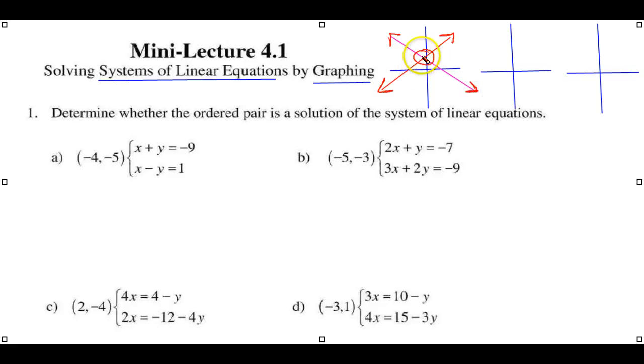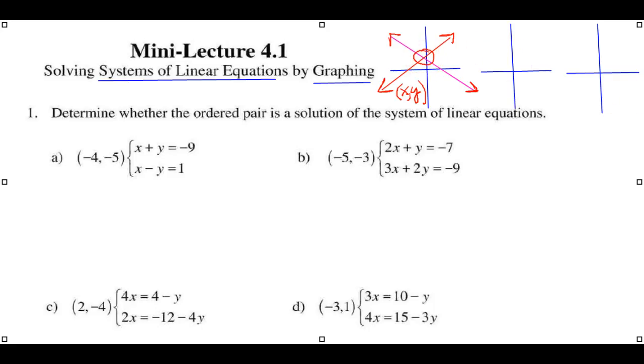But at this point of intersection, there's going to be a common ordered pair. Didn't come out too well, it's supposed to be a y. That is a solution for the red line and this purple line. So it would be a unique solution at that point of intersection.